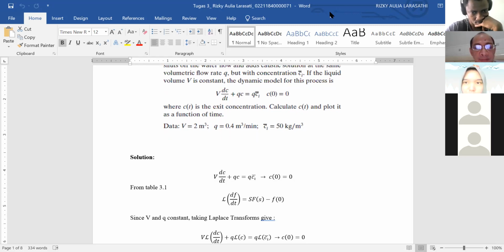So there is an equation where V dC/dt plus QC equals QC_e, where C at time 0 is known as 0. From table 3.1, there's a Laplace transform like this: Laplace of df/dt equals sF(s) minus F(0).